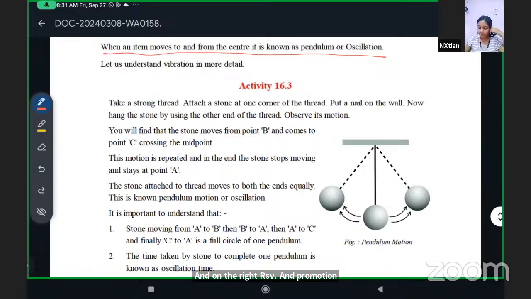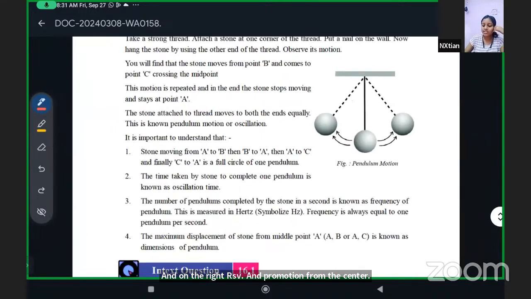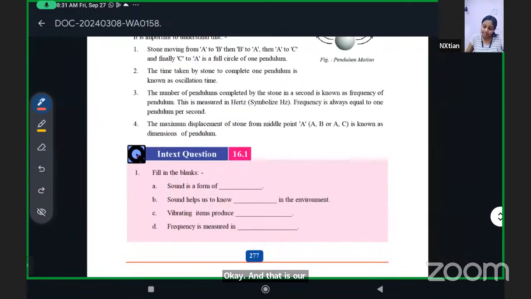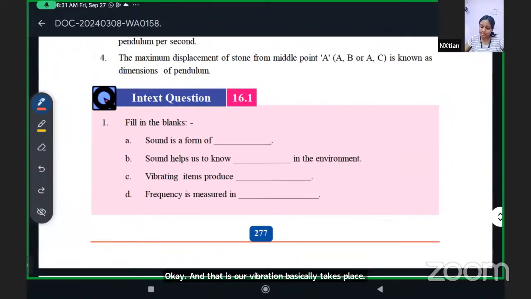And this is how vibration also works. The to and fro motion happens really quickly. And that is how vibration basically takes place. This is an activity for that. Activity 16.1, try it out, please.